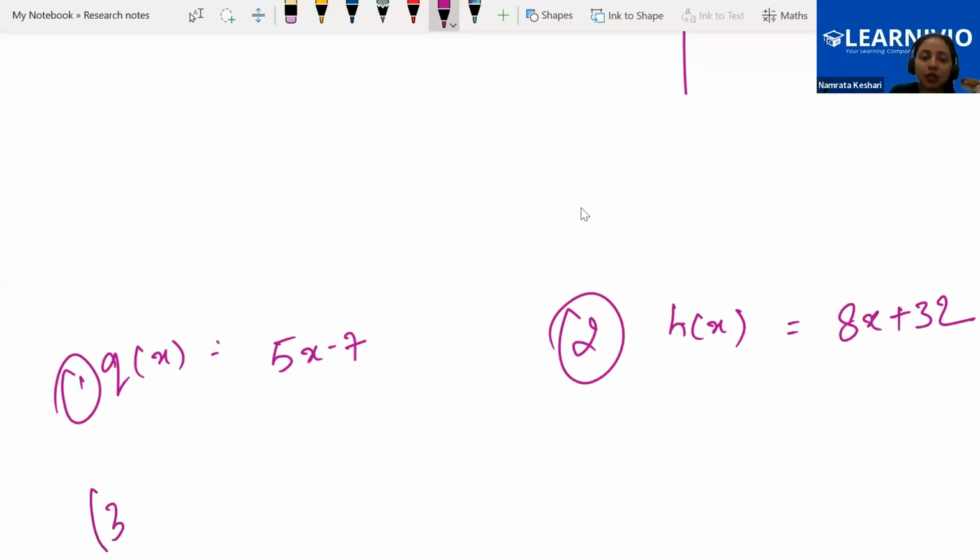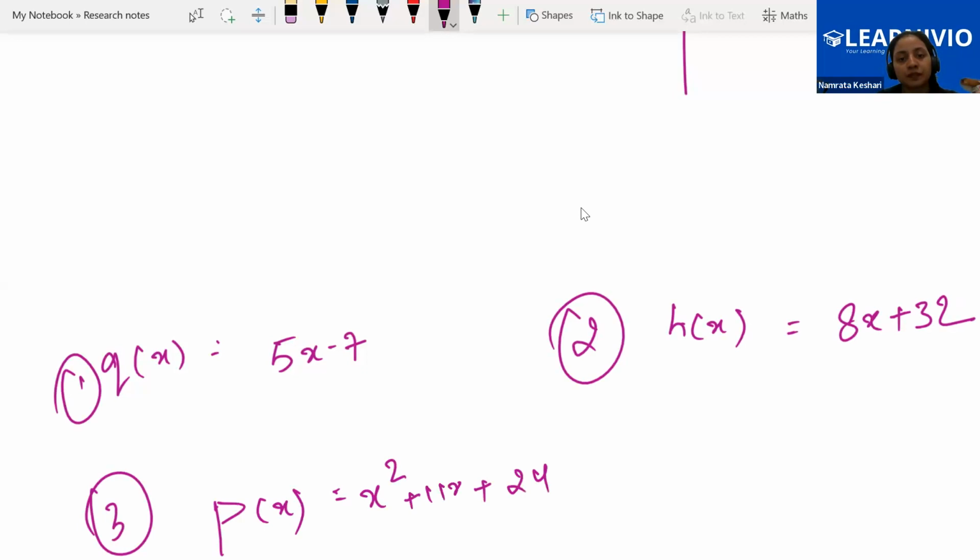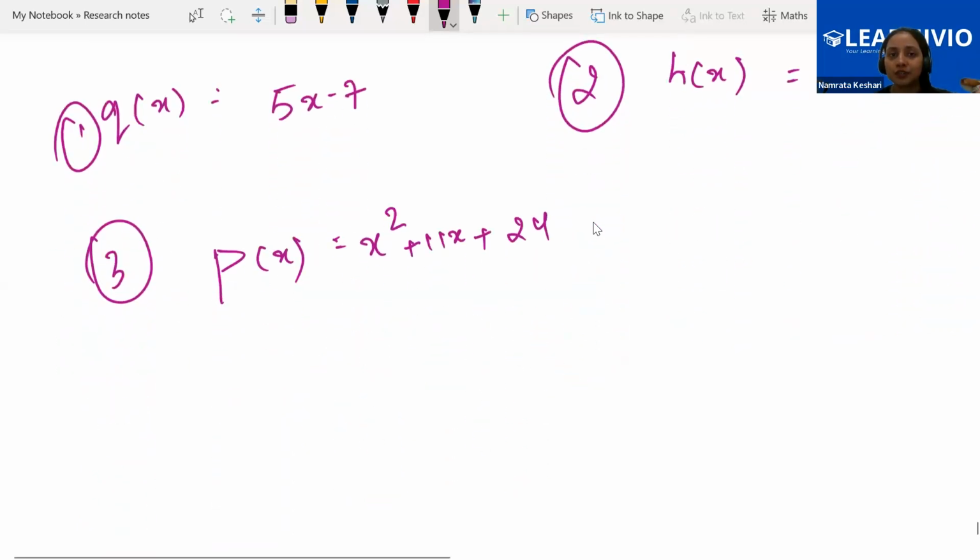Our polynomial number 3 is, let's say, p(x) is equal to x square. These are the 3 polynomials I have given. You have to find the zeros of these polynomials.